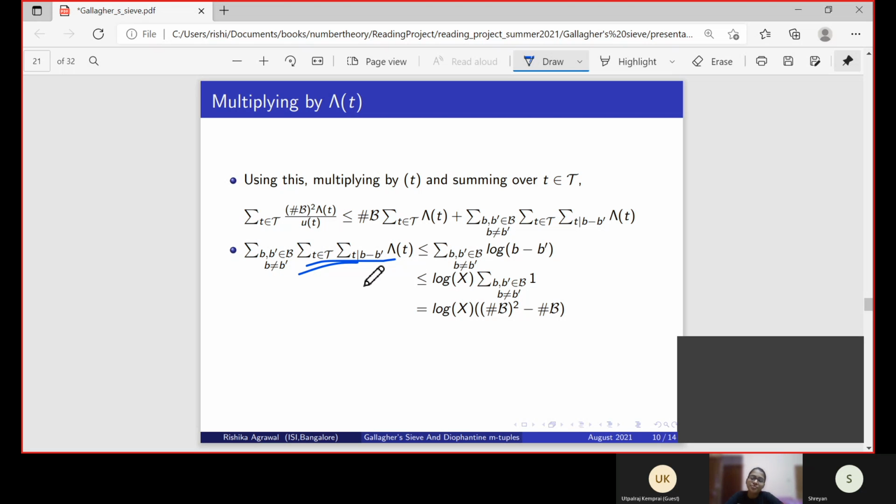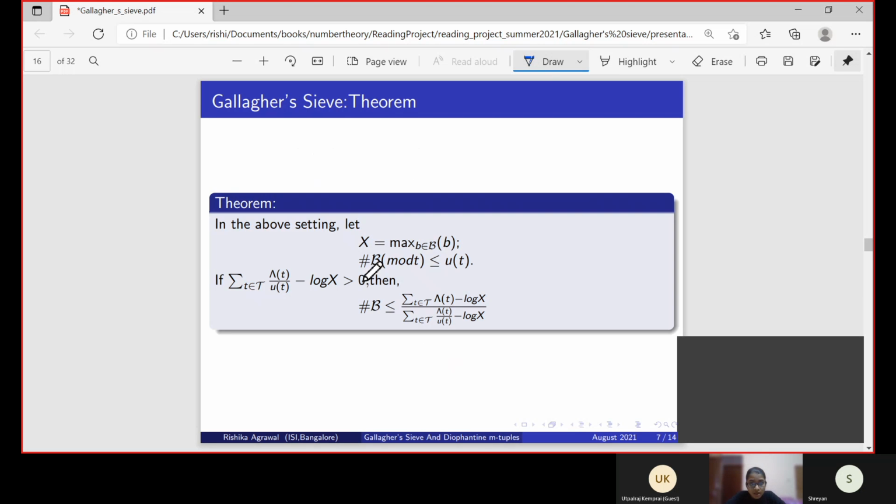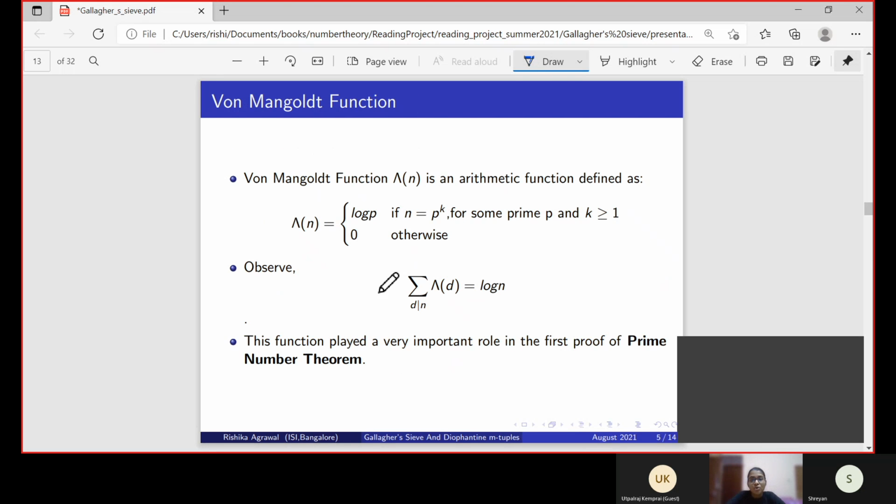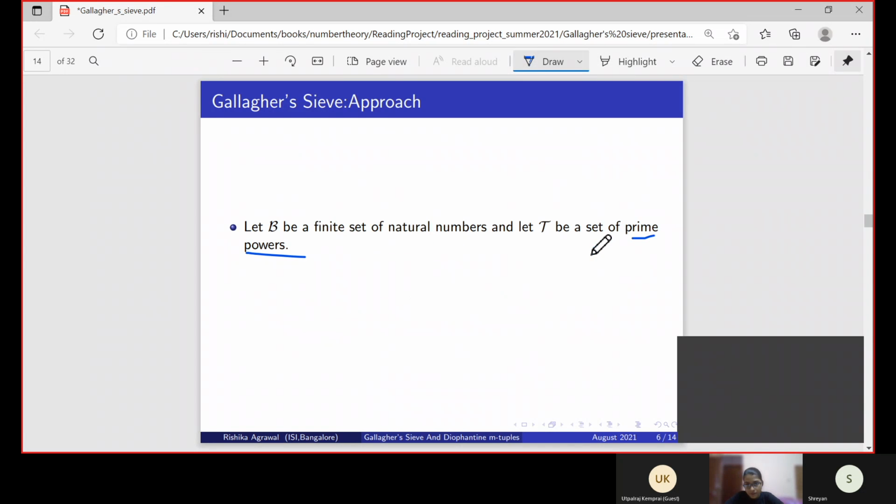It is from the very elementary identity that we have learned about lambda: summation of lambda(d), d divides n, is equal to log n. What we have there is summation t divides b minus b prime of lambda of t. So clearly this should be log of b minus b prime.